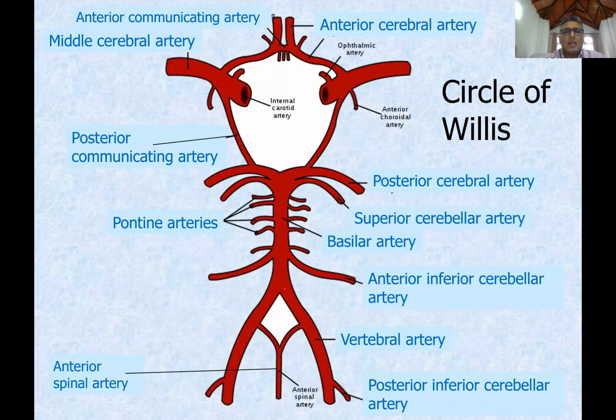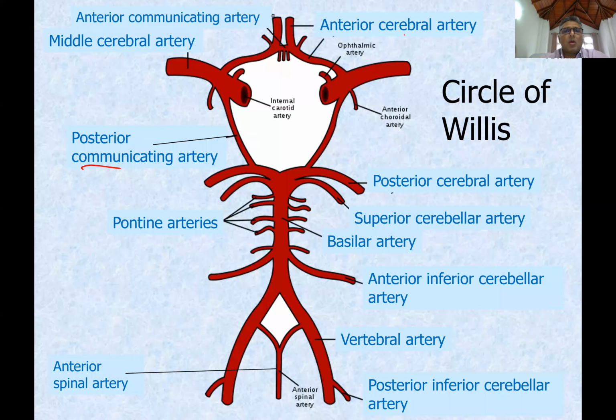So if you get blood from this side, the posterior ones, they will go through these branches. Whatever you get through the internal carotid will go through the middle cerebral and anterior cerebral, like that, rather than blood passing this way or that way. Here also, blood usually does not pass across each side unless one side is blocked. Unless one side is blocked, blood will not pass through these communicating arteries, this one and this one.